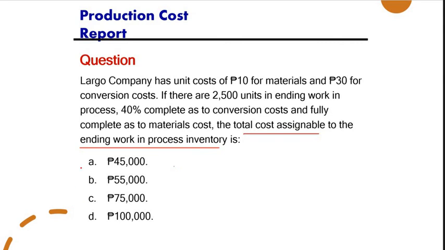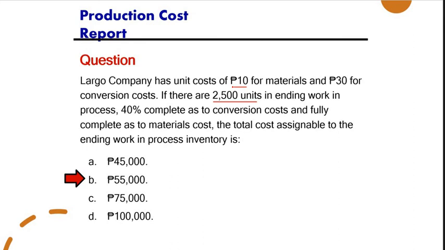Okay, so is it A? Is it B? Is it C? Or is it D? Okay. So, ano ang sagot nyo dyan? Computing for the total cost assignable, ha? Okay. So, ito ang sagot. Letter B. Paano naging letter B? So, 25 times 10, that is 25,000 material cost.